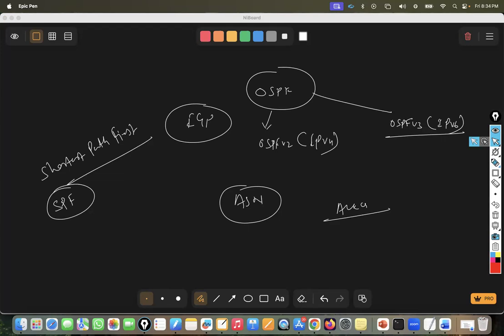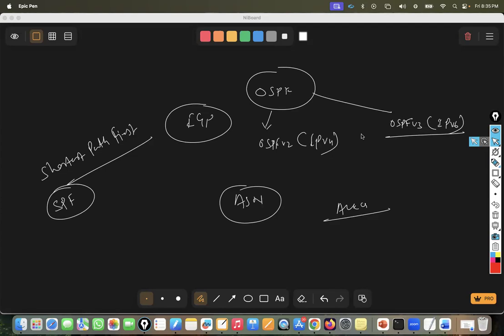And why OSPF? Because it has the complete LSDB, the link state database. By sitting in any one location, that location's router maintains the entire LSDB, and it uses the shortest path algorithm, the Dijkstra algorithm.